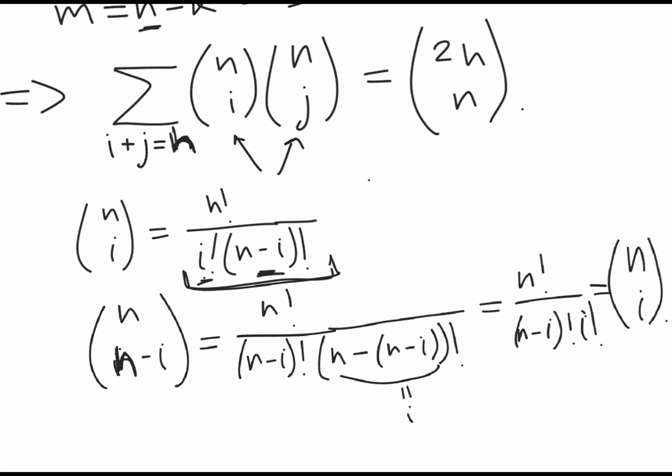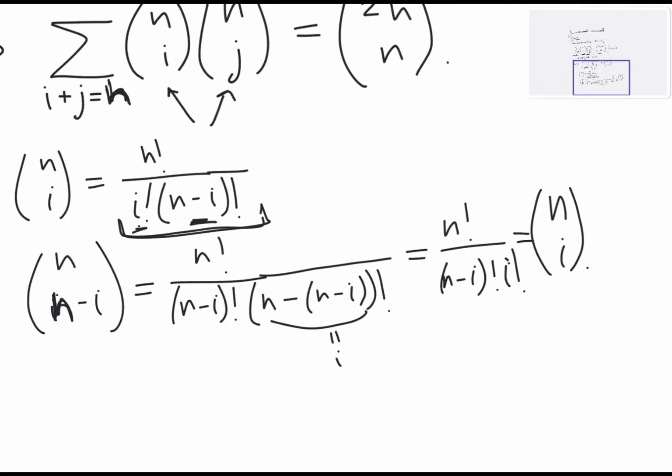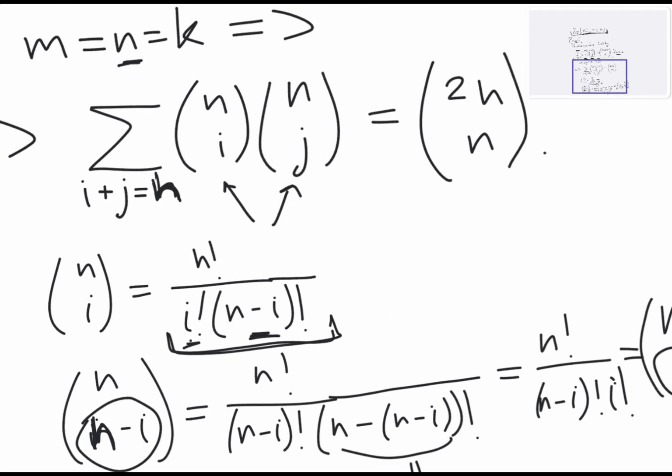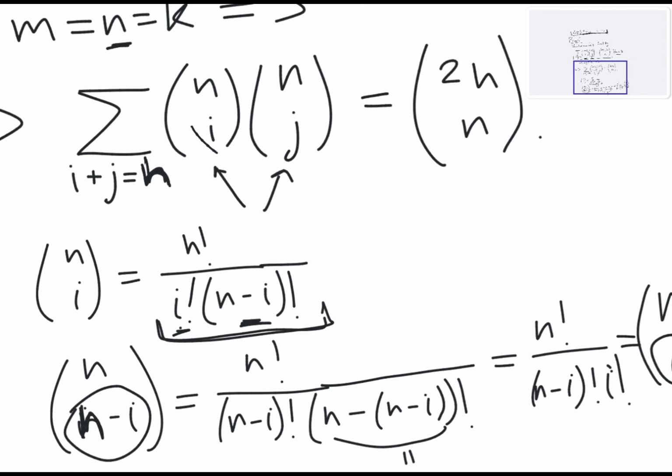So in the binomial coefficient, we can replace i with n minus i, and the value would be the same. And so here it's exactly like this in this sum. For i and j, their sum is n. So j is equal to n minus i.